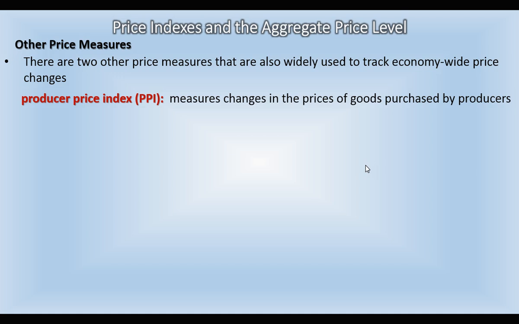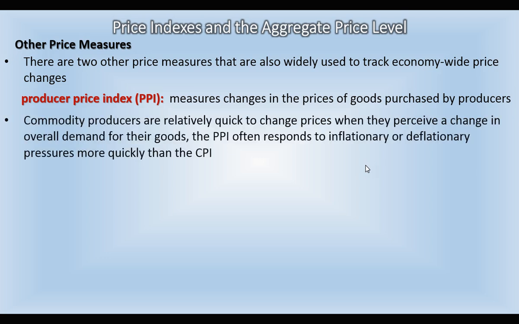They purchase capital goods to produce. They purchase machinery, buildings, etc. Commodity producers are relatively quick to change prices when they perceive a change in overall demand for their goods. So the PPI often responds to inflationary or deflationary pressures more quickly than the CPI, and therefore it might actually be a better gauge of what's happening in prices in the economy.